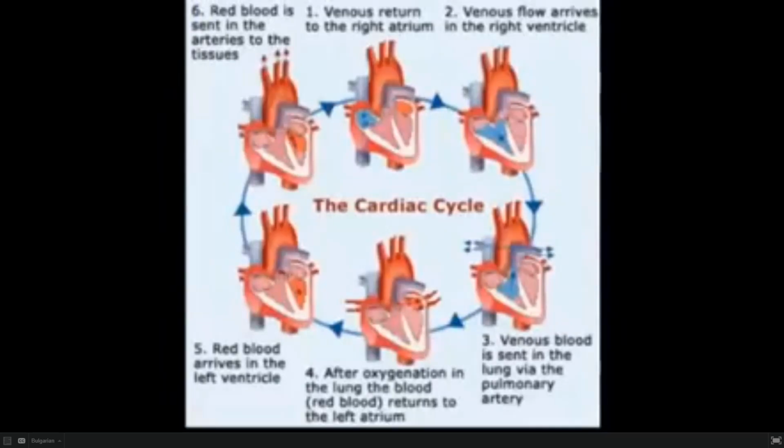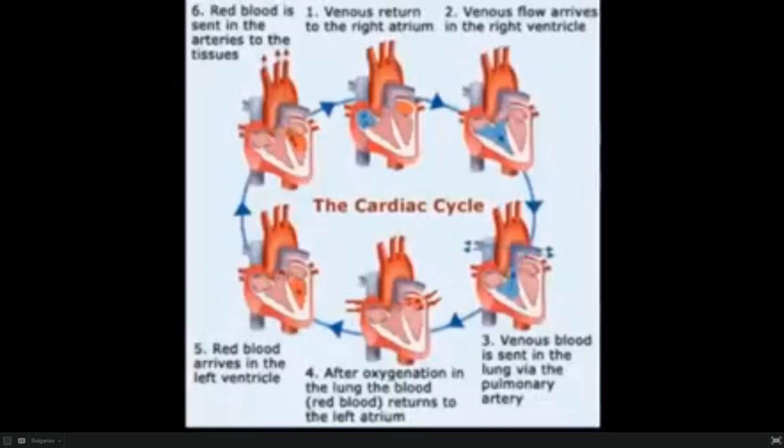We start with venous intake inside of the right atrium, then the venous flow goes to the right chamber, then from the right chamber blood is sent through the lungs via the pulmonary artery, then oxygenation of the blood starts inside of the lungs, and from there blood goes through the lung veins into the left atrium, and then from the left atrium to the left chamber, and from the left chamber to the aorta. The aorta spreads the blood to your head and to your body.